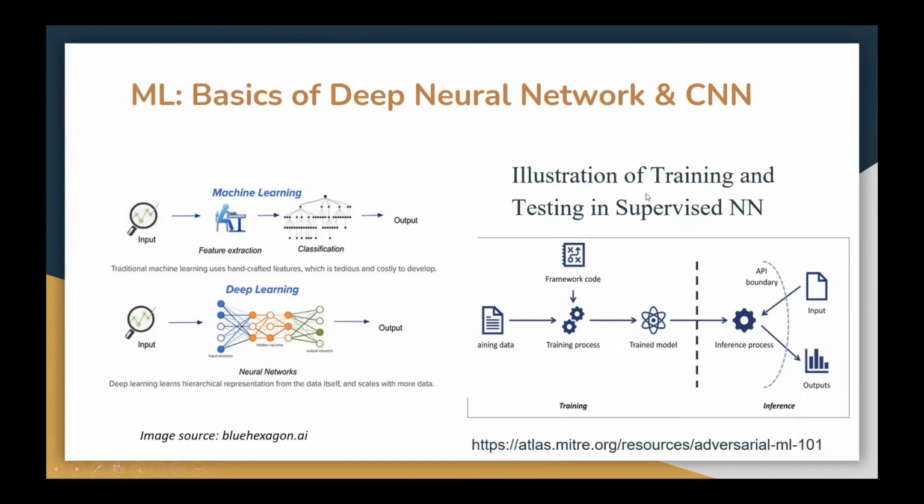Then that requires some training. Some are supervised, some are unsupervised, some are reinforcement learning. And here in this case, we are showing that the data is fed, and you have a training process which will differentiate, classify, and put things in different categories. That training process will do that, and the model is trained.